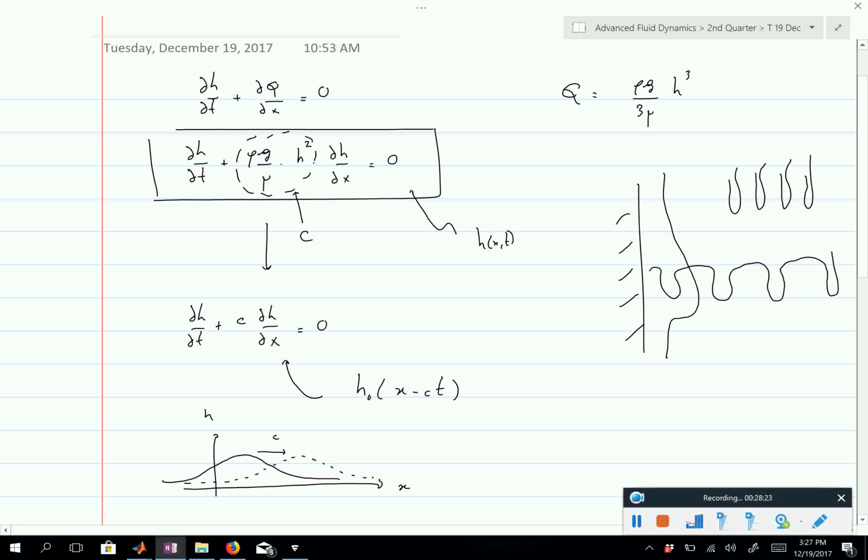Now you don't need to know that, but this is just a mathematical thing. The solution to this equation is any function which just translates as a function of x, at a velocity c.